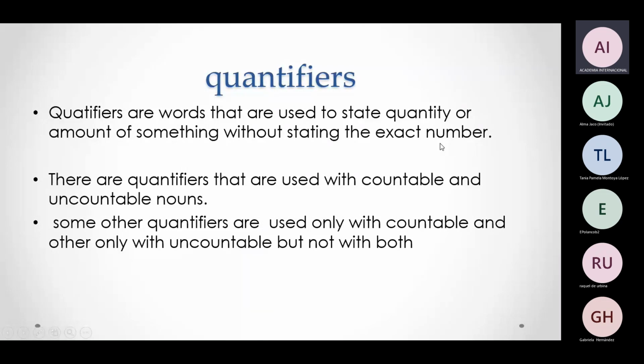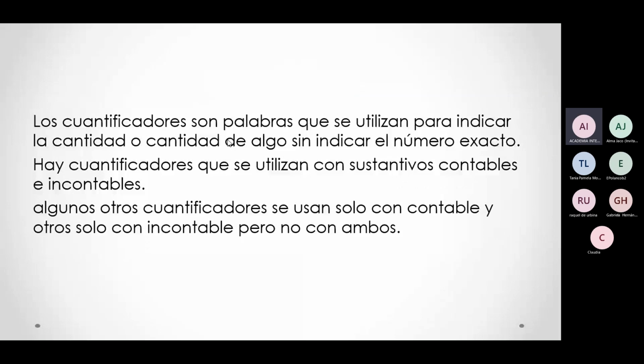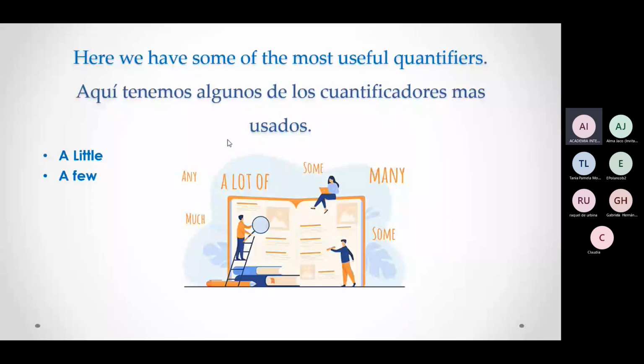We already know that quantifiers, o cuantificadores en español, are words that are used to express an amount, una cantidad, of something without saying the exact number, sin decir el número exacto.